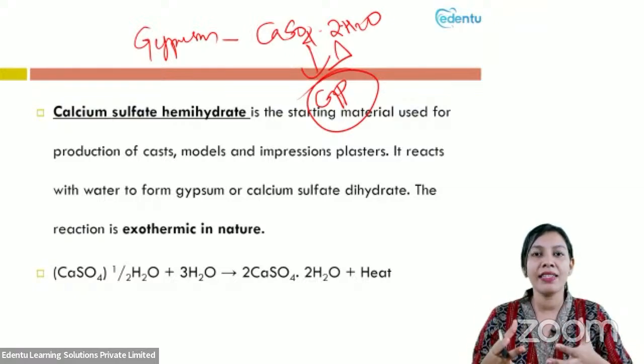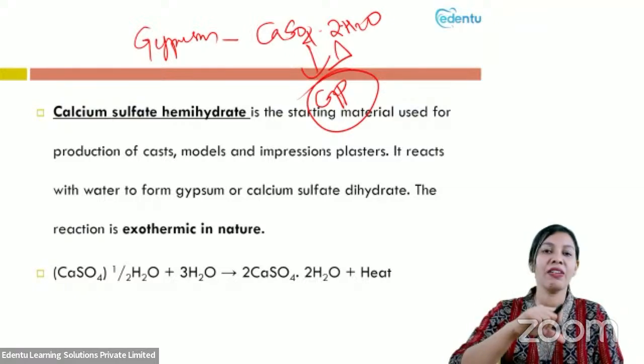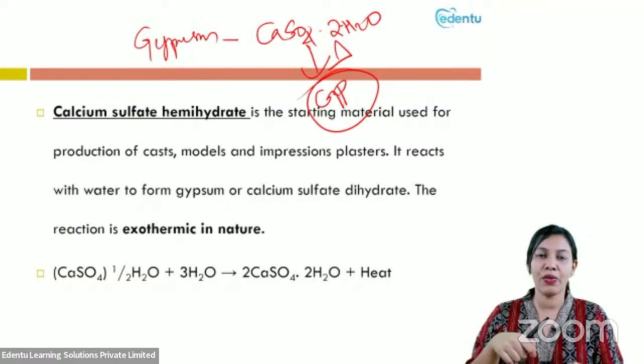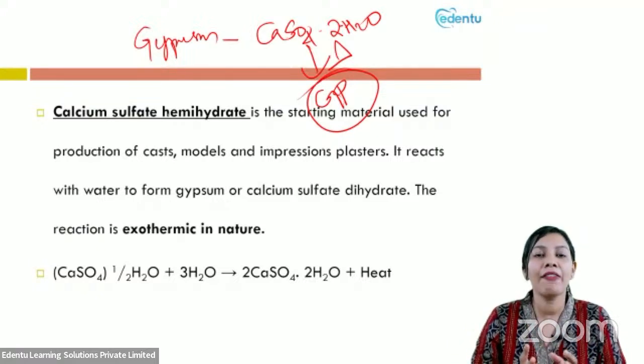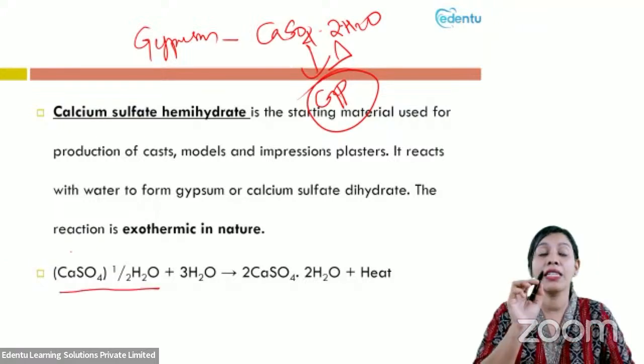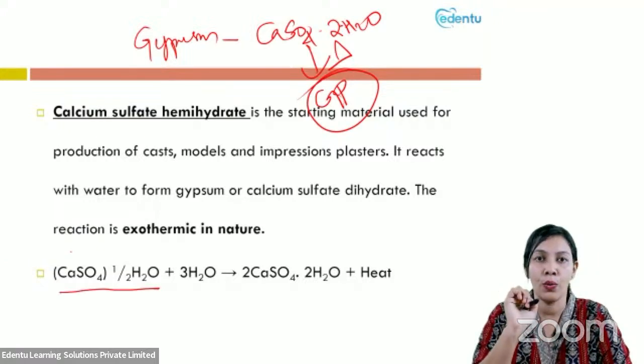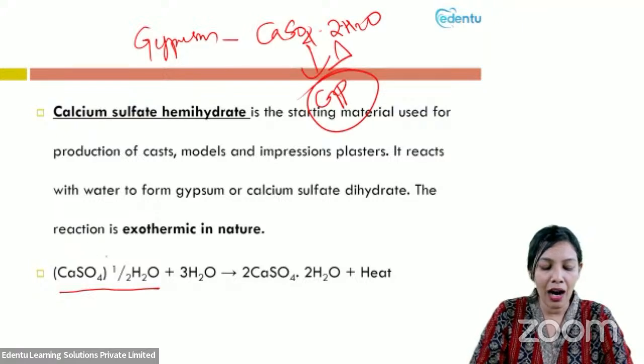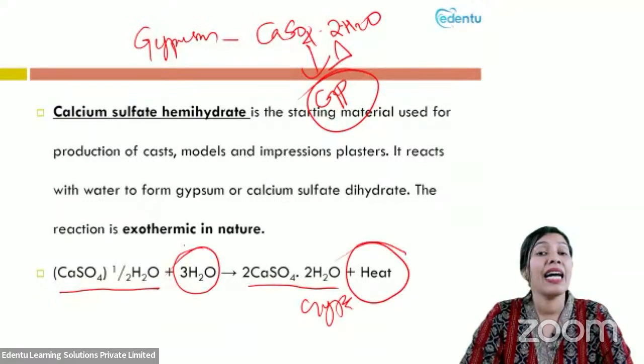The plaster of Paris which we take, to that we pour water and mix it, right? So the plaster of Paris has a formula of CaSO4.½H2O. So what happens is when we add water, there is the formation of gypsum, and it is an exothermic reaction where there is release of heat. This is a very important reaction.